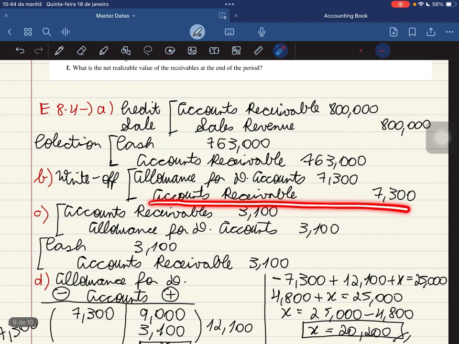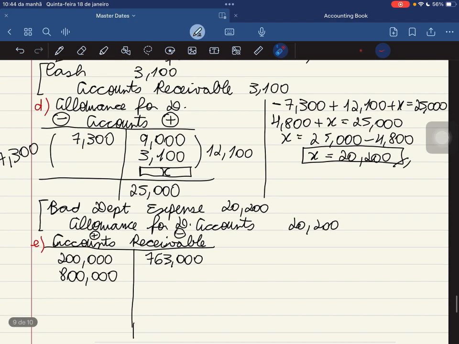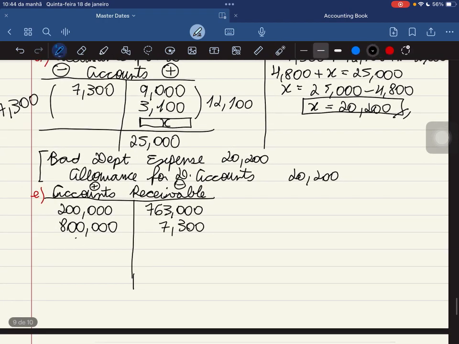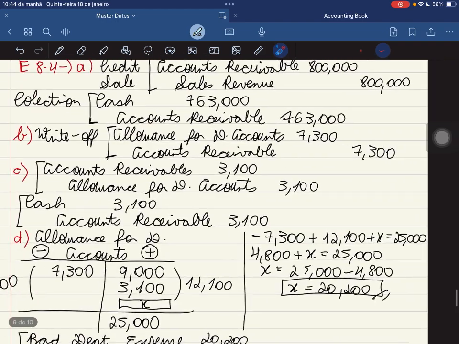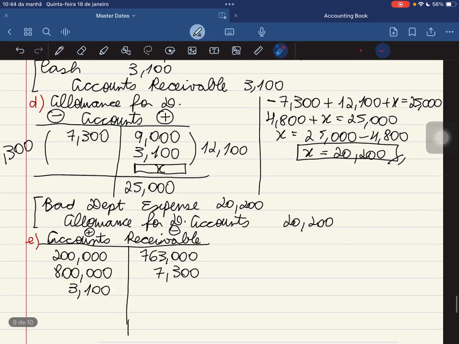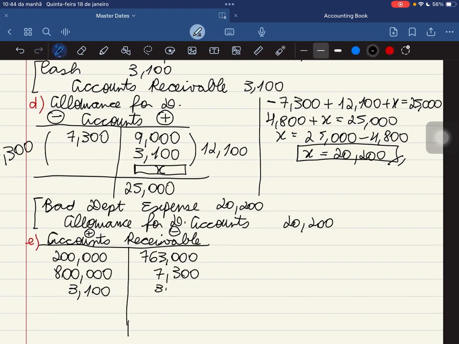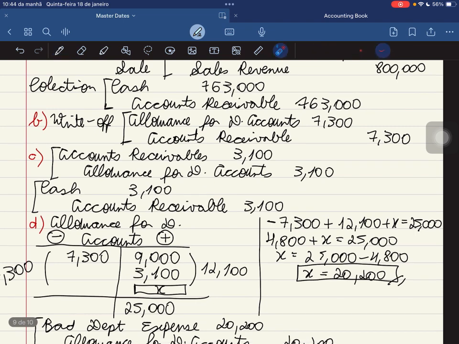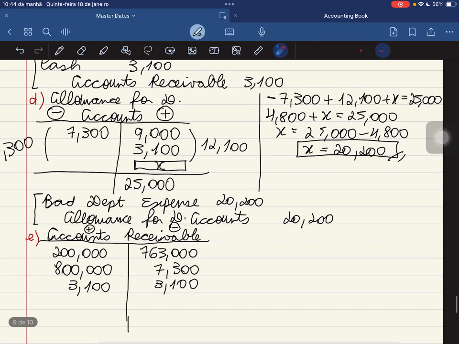I credited 7,300. Debit of 3,100. Credit of 3,100. I think that's it. Is there any other credit? No, that's it, right? Okay.